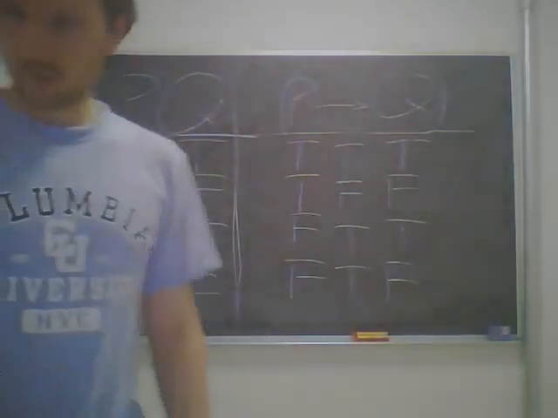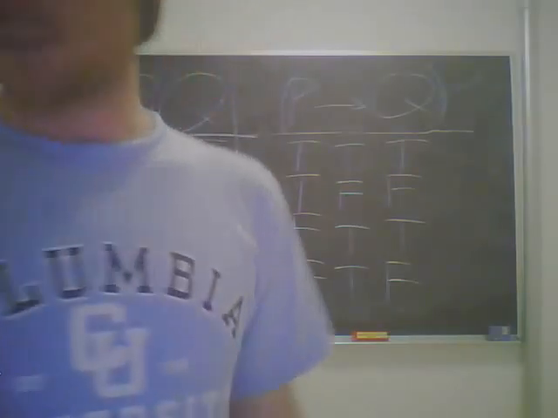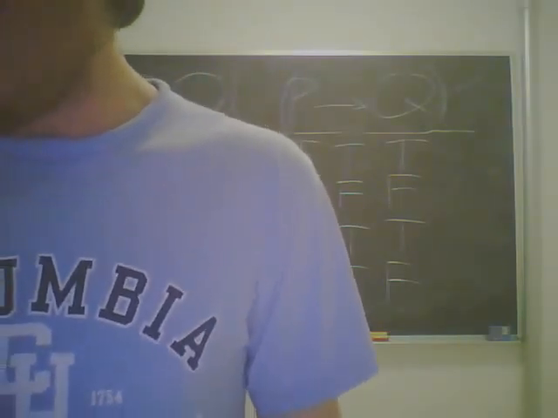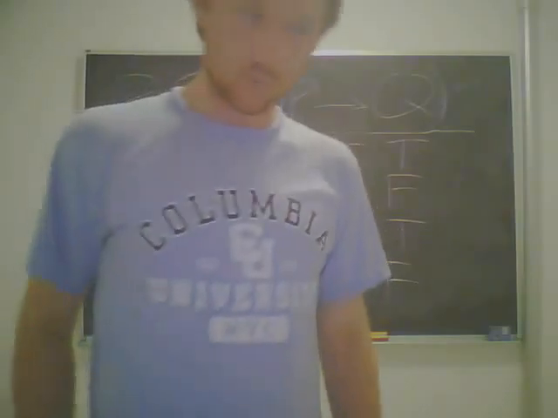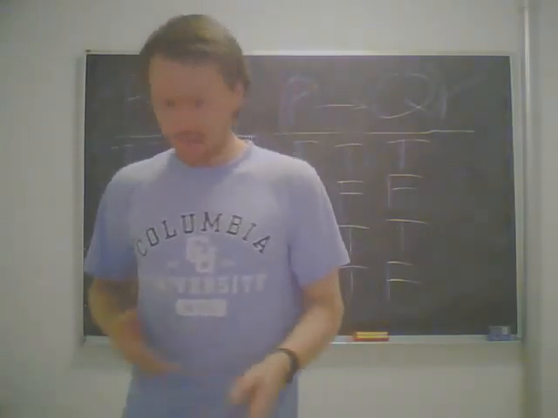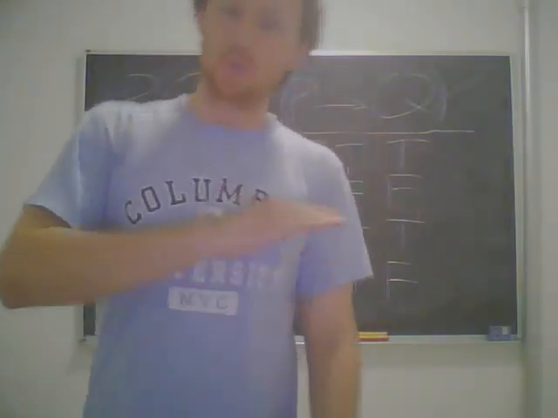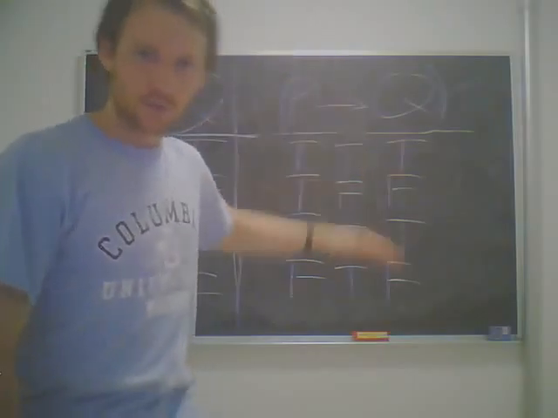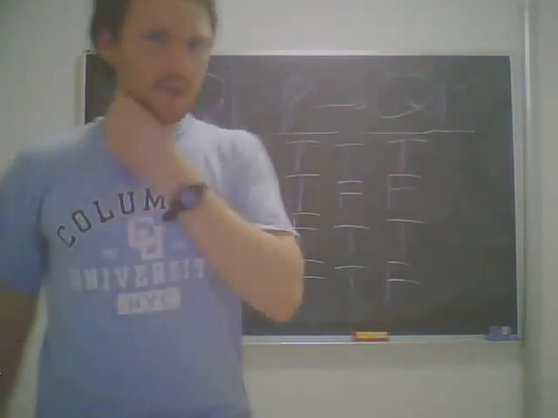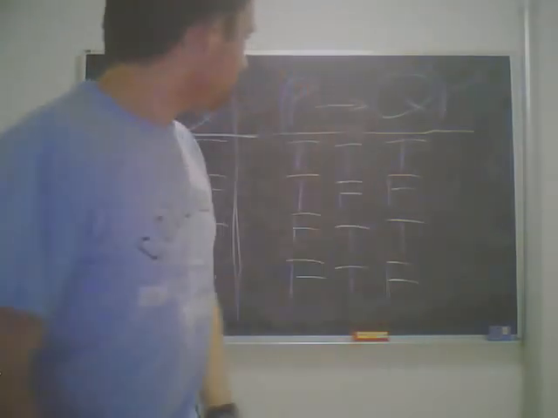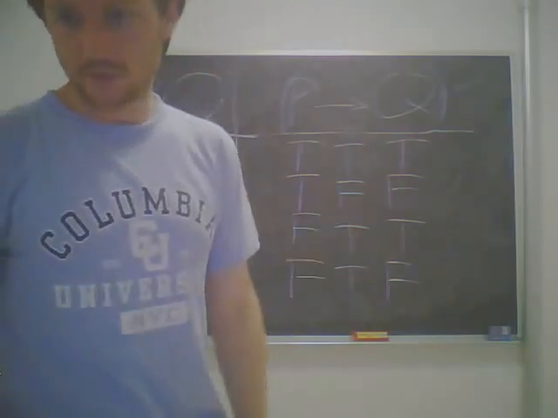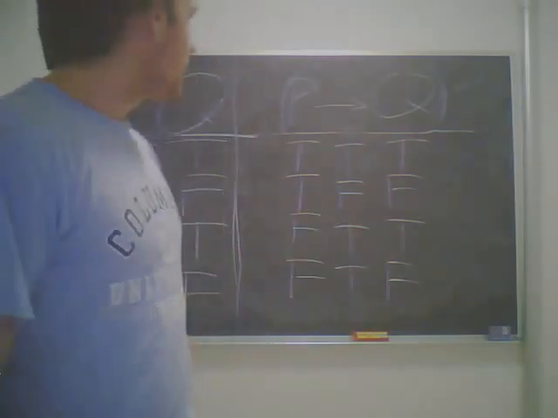But this truth table might look a little bit manufactured because, for and, it was a little bit natural, right? In English when we say P and Q, we want both of them true, so we've just got true at the top and false everywhere else. When we say or, we mean one or the other, so we've got true at the top and false at the bottom. This one just has a false in the middle, and you may think that's a little odd.